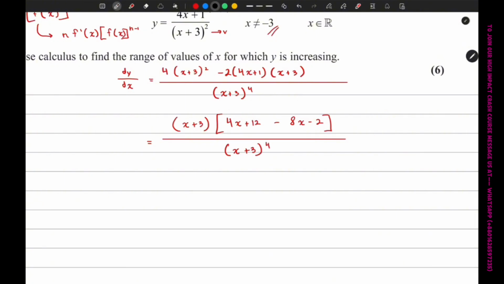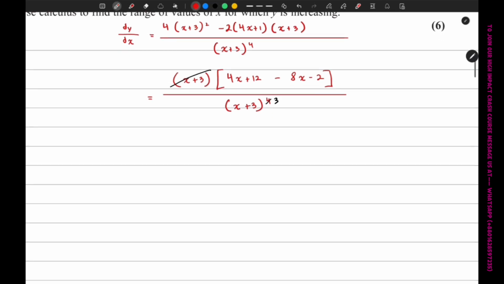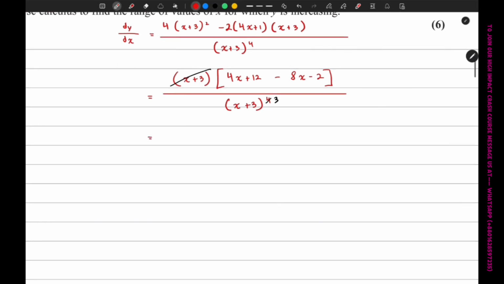Now what we can do is that we can cancel out these terms, so this becomes 3. So the final answer will be minus 10 minus 4x divided by x plus 3 cubed.